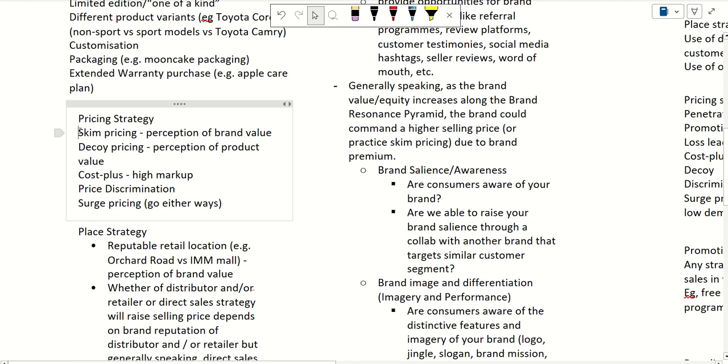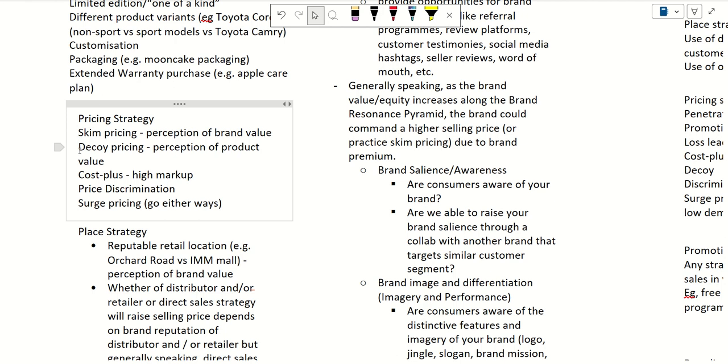Skimming pricing. If you remember, we price at the top end of the competition or the industry. So that's what skimming pricing is. Skimming pricing also has an impact on the perception of the brand value of the product, so you should have a strong brand value, or strong brand resonance, before you can do skimming pricing.